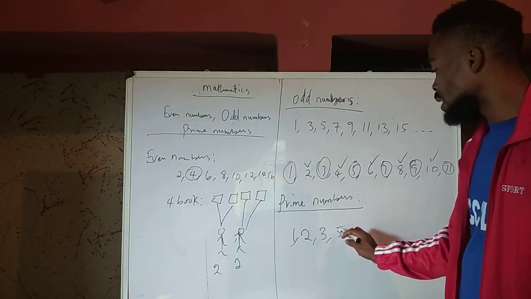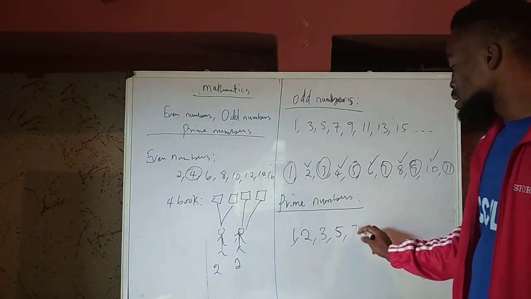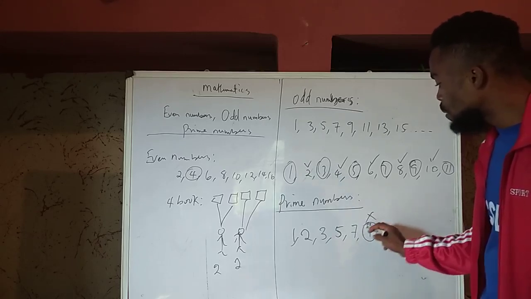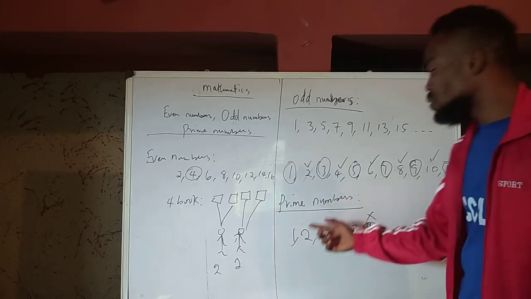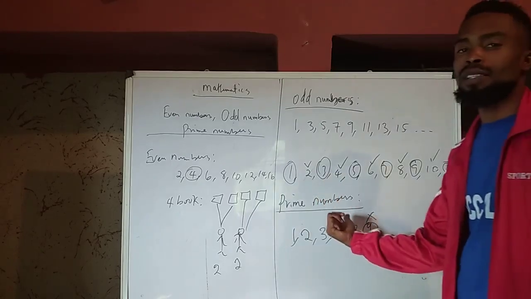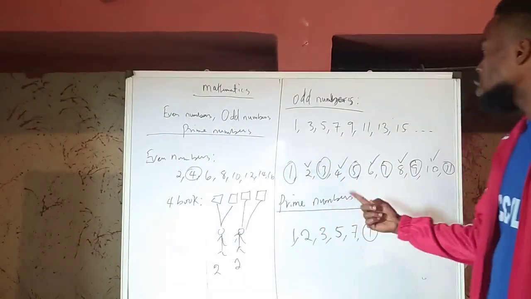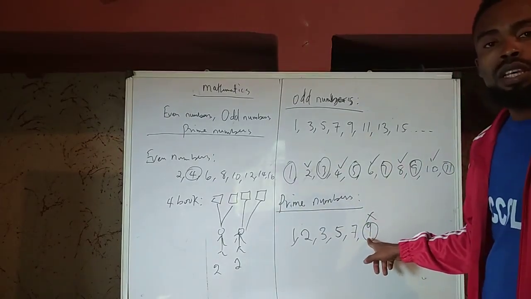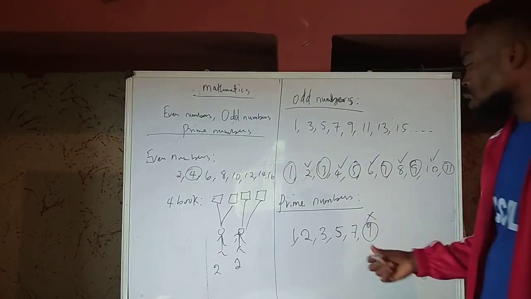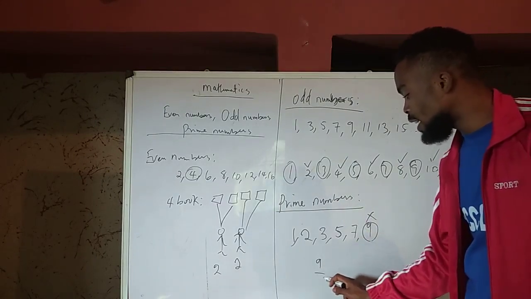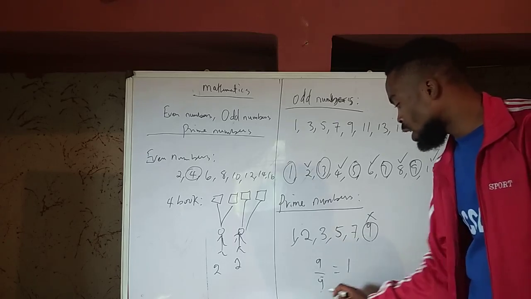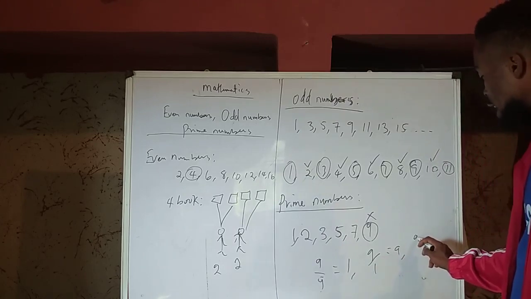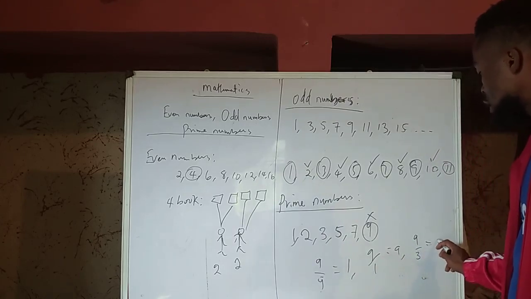Another prime number is 5. 7 is a prime number. 9 is not a prime number. So you can see that not all odd numbers are prime numbers. 9 is not a prime number because, apart from 9 divided by 9, which gives 1, and 9 divided by 1, which gives 9, we can also do 9 divided by 3 and get 3.